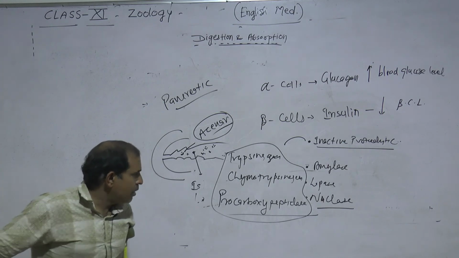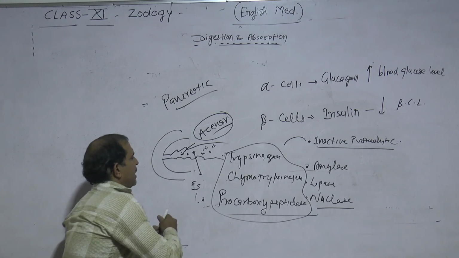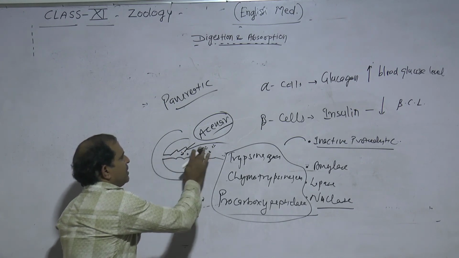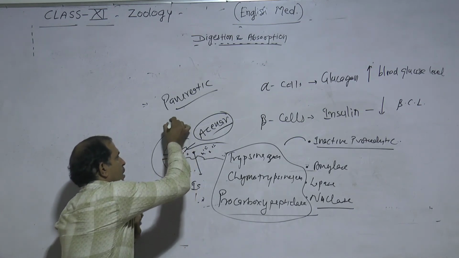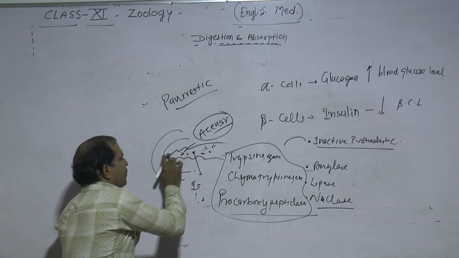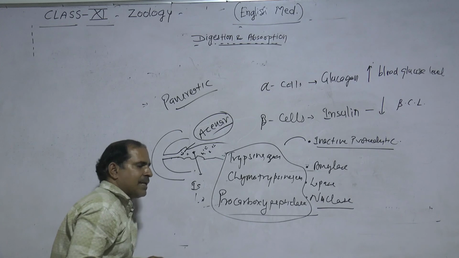Now the pancreas is present between the both arms of duodenum, and the duct of pancreas is called pancreatic duct.